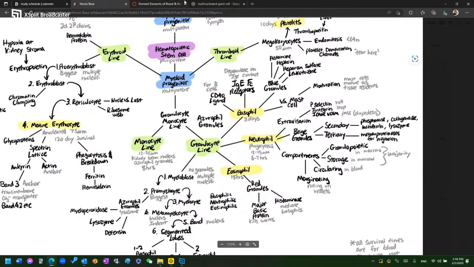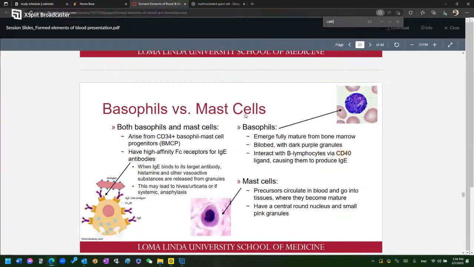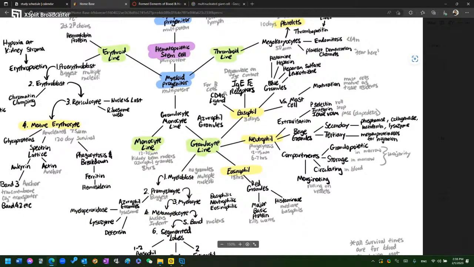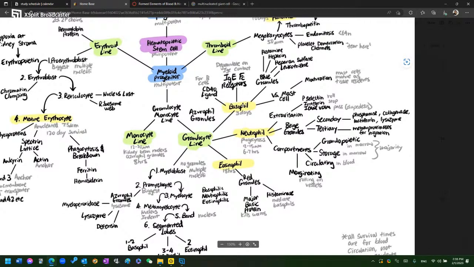And CD40 ligand, I don't quite remember what I was talking about. Oh, basophils can stimulate IgE. So they stimulate the B cells to make it, and then they wear the IgEs as clothes. So they have a team-up relationship.